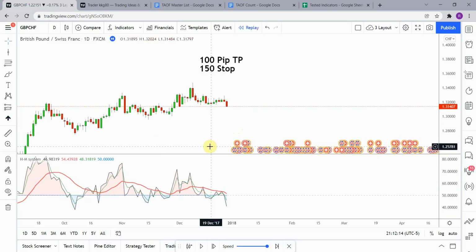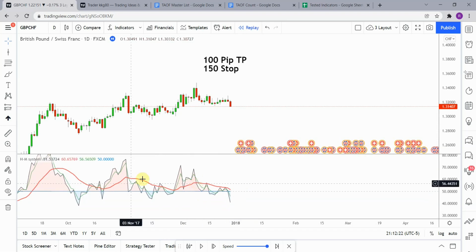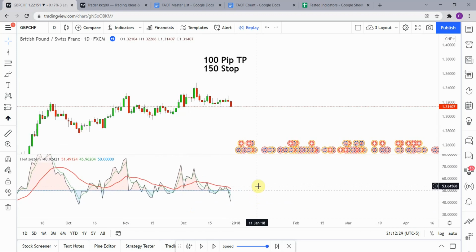Alright, so today's indicator is the HM system indicator, and you can see it here on the bottom of the screen. What we are doing is a two-part setup. We are looking for a zero line cross, and the center line here is actually at the 50 marker, so that will technically be the zero line.